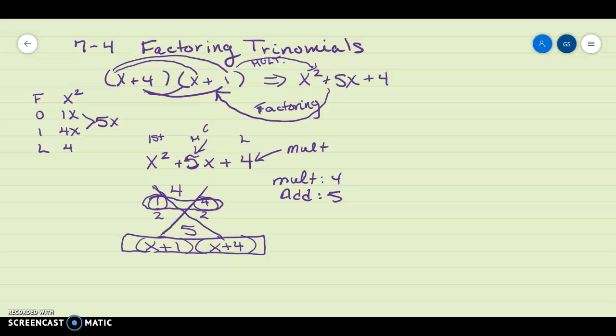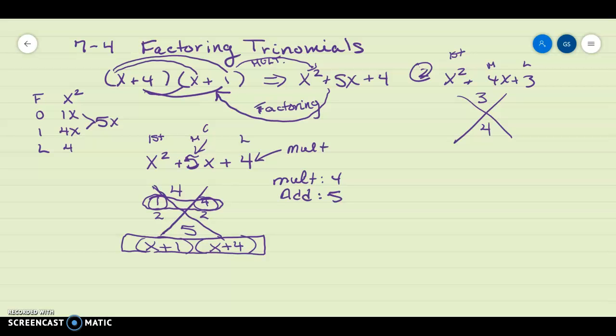How about x squared plus 4x plus 3? Okay, so I'm not starting with the factored form yet. I'm starting with the trinomial, which has a first, a middle, and a last term. So I want to make a big X. I'm going to put the last term in the top and the middle term on the bottom.